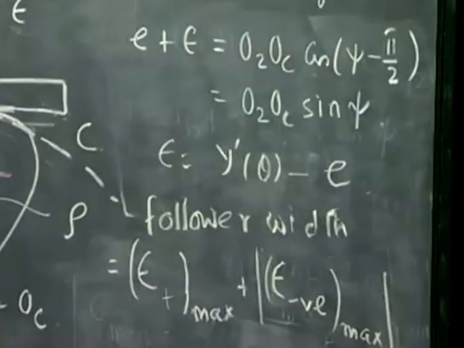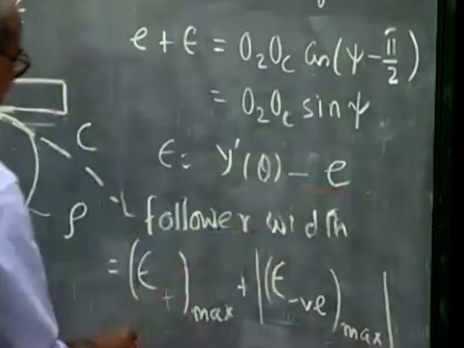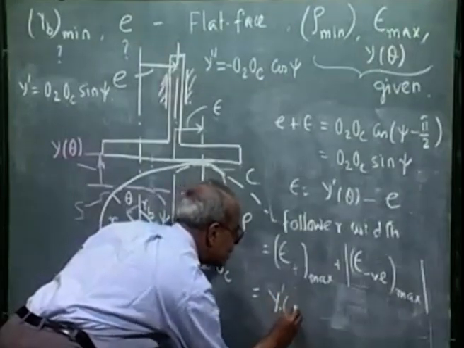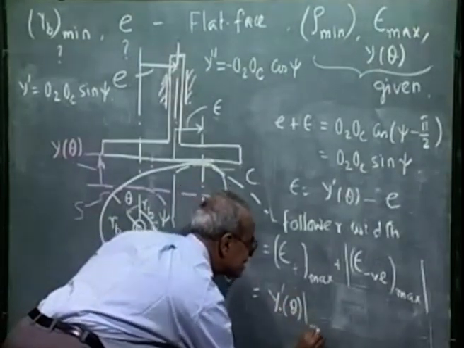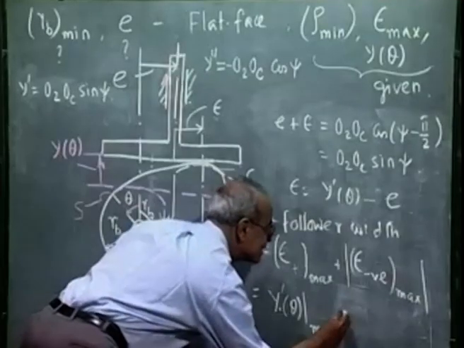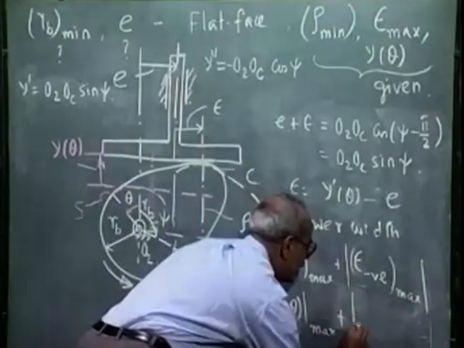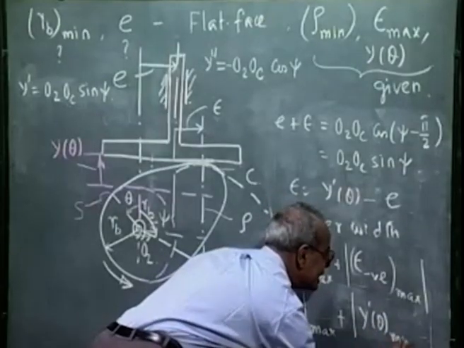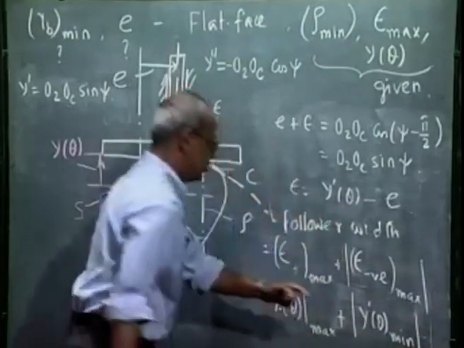It is clearly seen that e cancels, and this will come out to be y prime theta max plus the absolute value of y prime theta min, which is negative. So I take the absolute value.